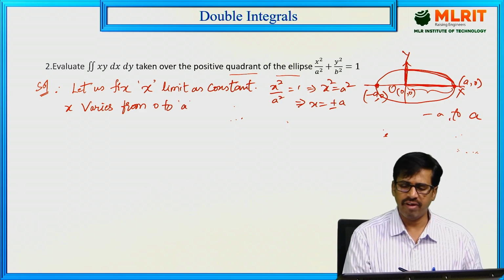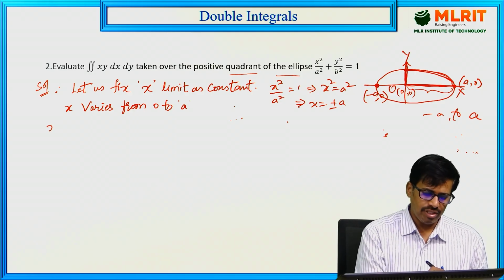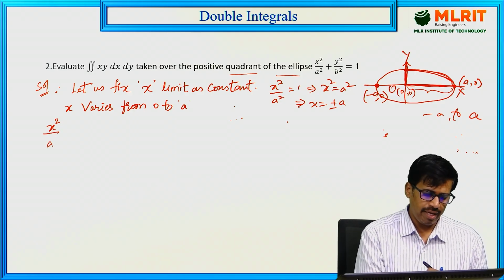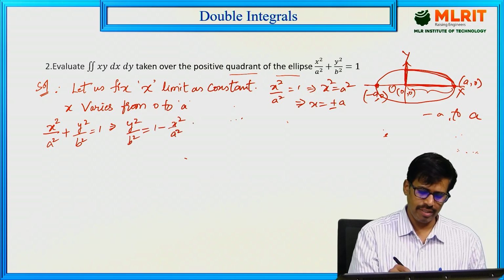Now to write y limits in terms of x, the curve equation is given as x square by a square plus y square by b square equal to 1. So y square by b square equal to 1 minus x square by a square.